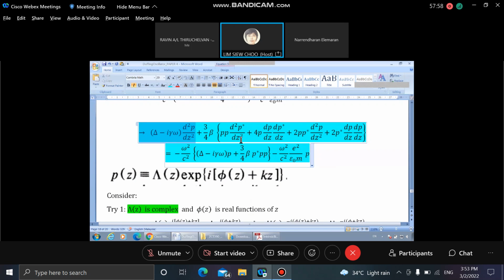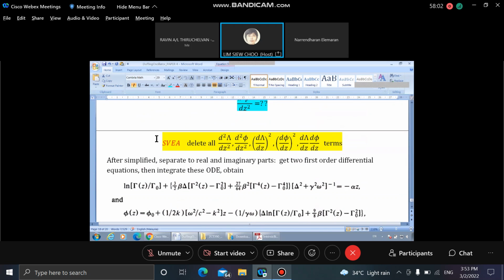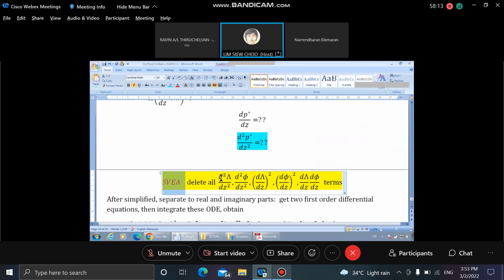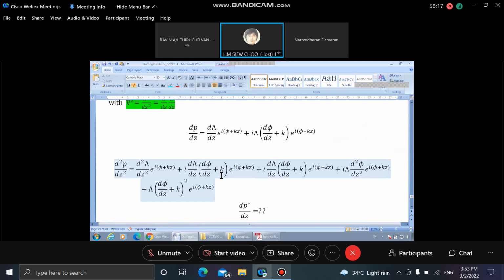How to simplify? Is to use the slowly varying envelope approximation. So in this approximation, you know that when you do the substitution, you have many terms. You delete all terms carrying this. So for example, if you substitute this, then you have terms like this.